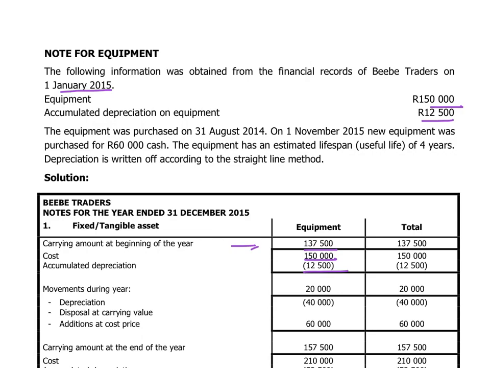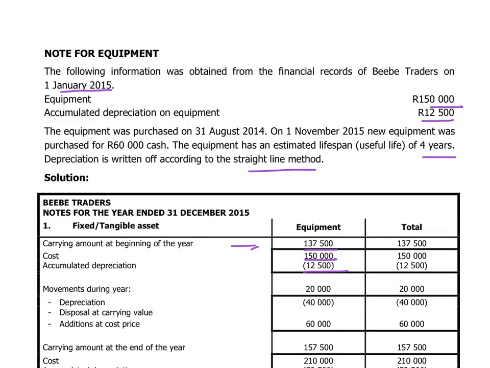On 1 November, new equipment was purchased for 60,000. The equipment has an estimated lifespan of 4 years. We are using the straight line method for a period of 4 years. So if I divide 4 into 100, it means that our rate of depreciation is 25%.